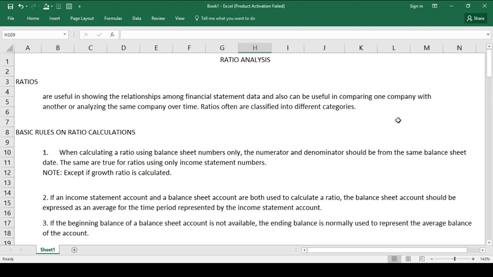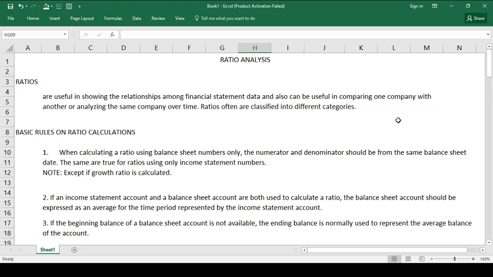So the ratios that we are going to compute under ratio analysis for financial statement interpretation, we are going to consider the relationship of a particular data from a balance sheet to a data of an income statement.